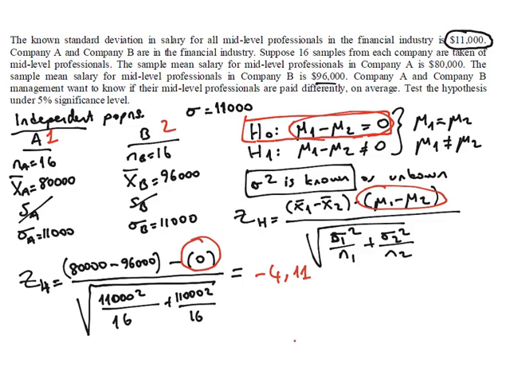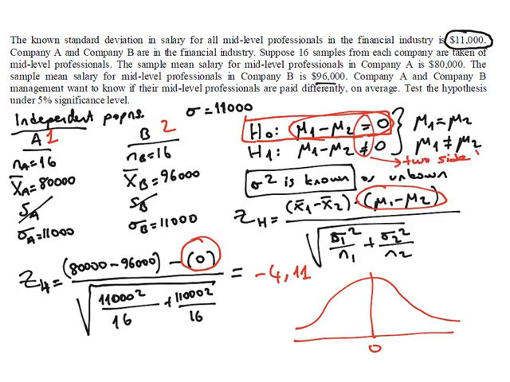When I draw the Z graph, is this a two-sided or one-sided test? I check here and I can say that it is two-sided because it has a not-equal sign in here. So my graph is two-sided.